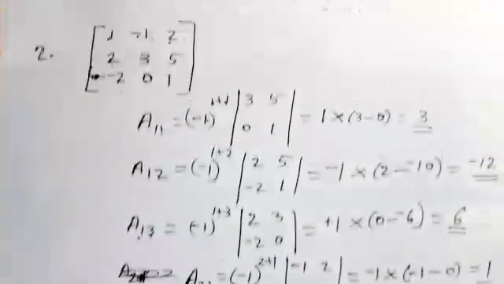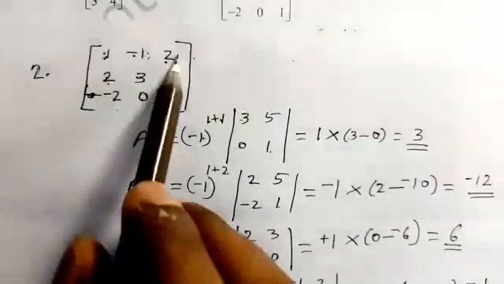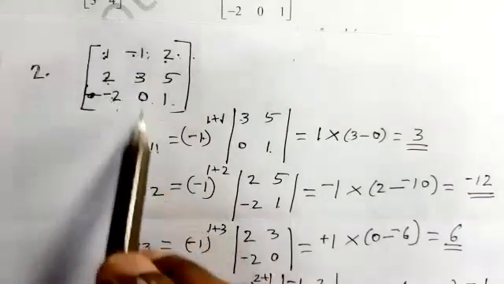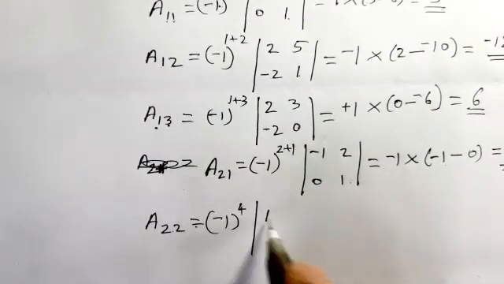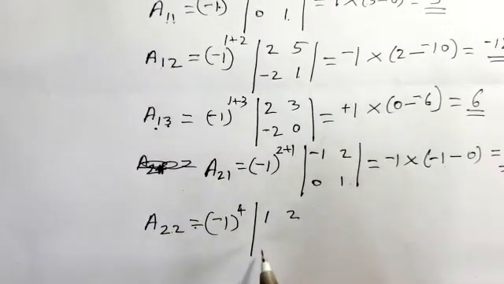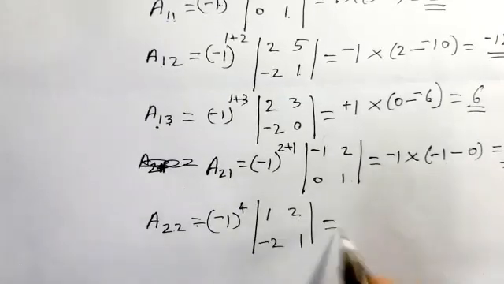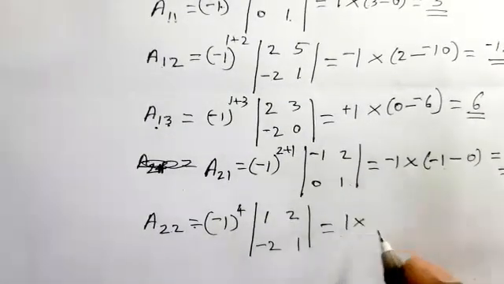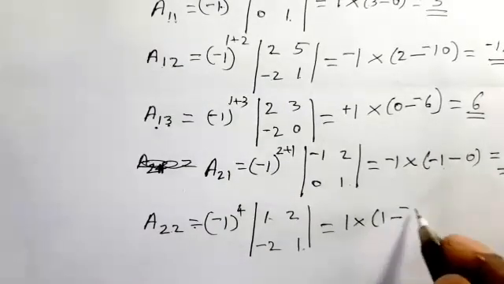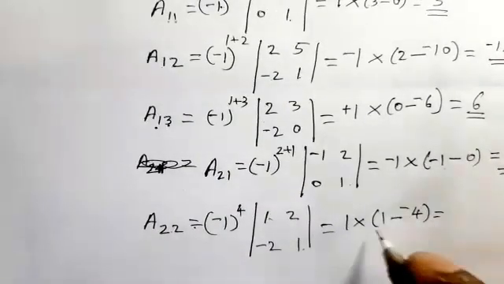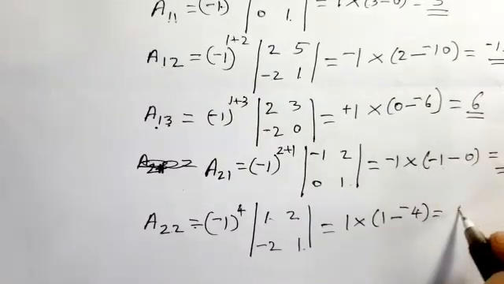What are the elements we get? 1 2, minus 2 1, because this 3, including column and row, will be eliminated. So we get 1 2 and minus 2 1. This is plus 1 into 1, 1, 2 into 2, 4, minus 4, which is equal to 1 plus 4. So 5 is the answer.